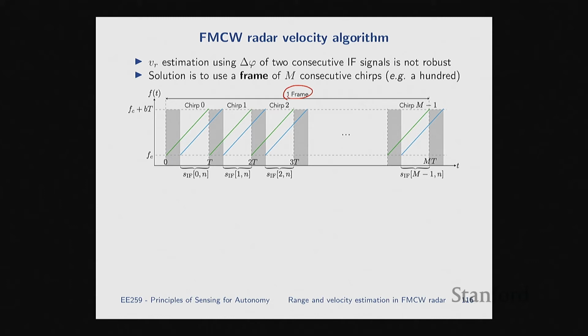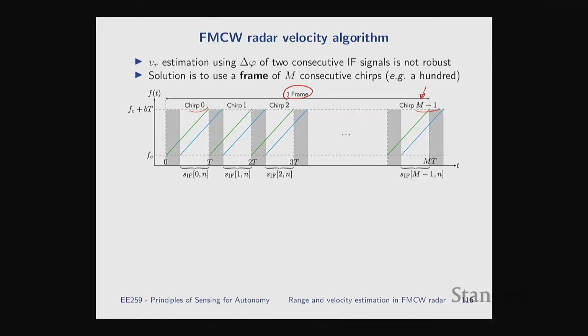You just collect a bunch of IF signals, m of them, chirp 0 to chirp m, and you decide what is a good choice for m. Typically it's a few tens to a couple hundred. I've seen numbers between 32 to 512 or so. You choose some m, and that makes up a frame of data. And then instead of looking at just 2 consecutive chirps, you look at all of them and estimate your Doppler. But the core idea is exactly the same.